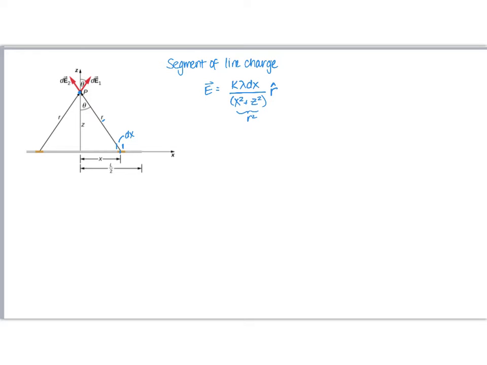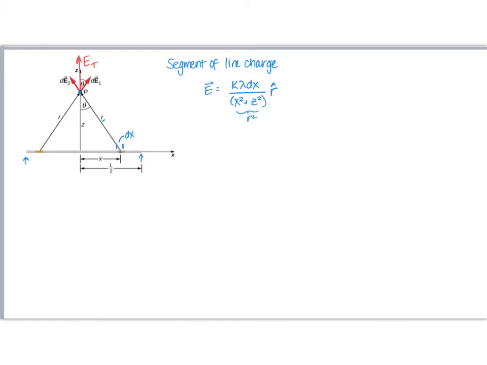If, as we go from this end of the line segment to this end of the line segment, our electric field on the left-hand side is going to be kind of pointing to the right and up, and as we get to the middle and go over to the right, that electric field is going to be pointing to the left and up. So the net electric field for this picture is going to be upwards. So it's going to be in the z direction.